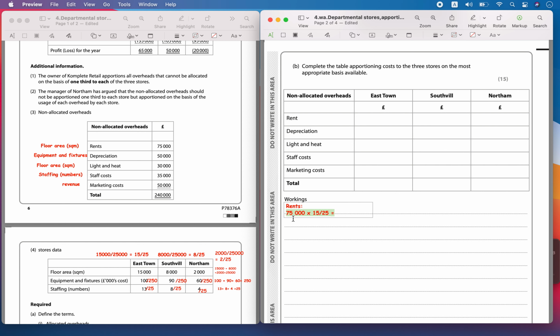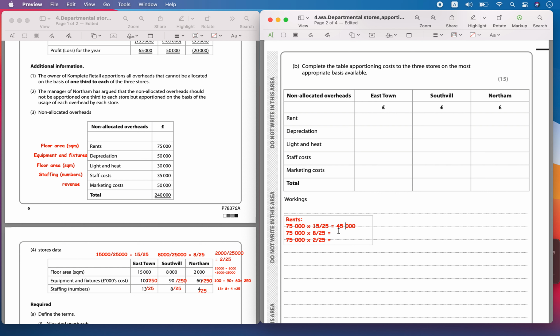Now let's write for all and then we can easily calculate. So for the Southwell, it is going to be 8 over 25, and for the Northam, it's going to be 2 over 25. Now this entire 75,000 is going to be split as 45,000 for the first one.